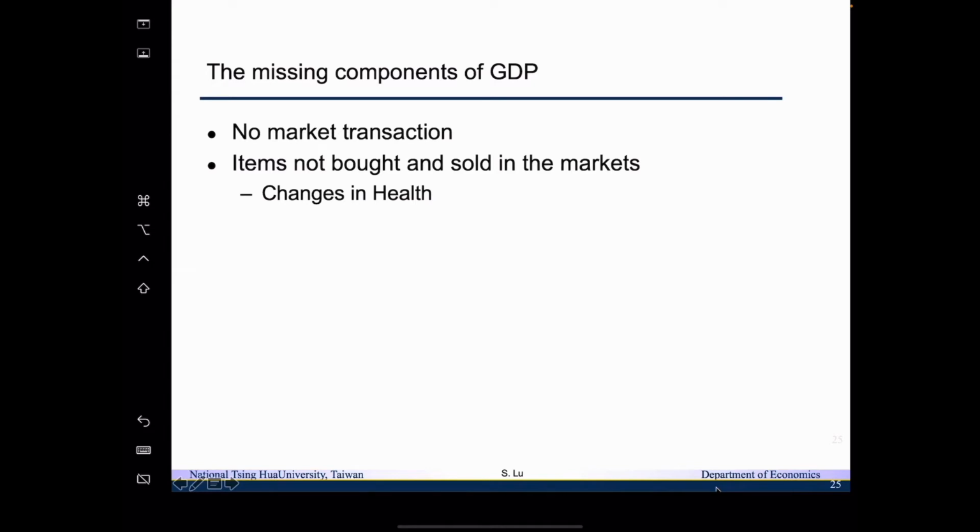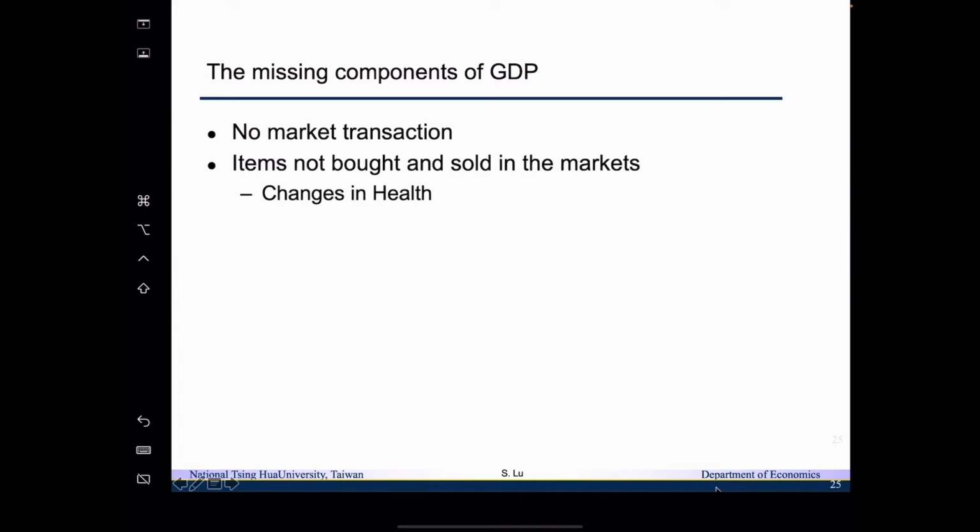Then the loss of the health of that engineer doesn't count as a loss of GDP, which is not right, because potentially that person could produce more goods, but given that the person loses their health, they can no longer produce goods. Probably we don't care about it, but the change in health is somehow a loss to the economy. And for that loss, it doesn't count negatively on the GDP.